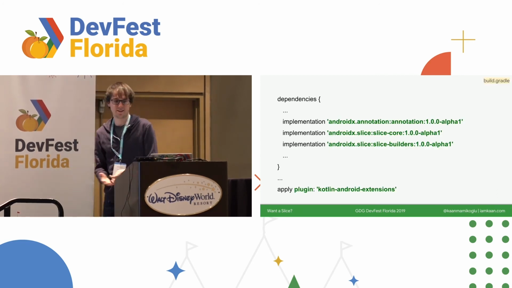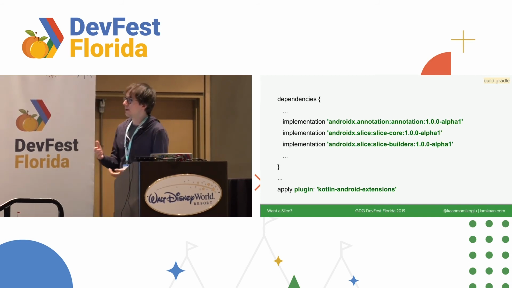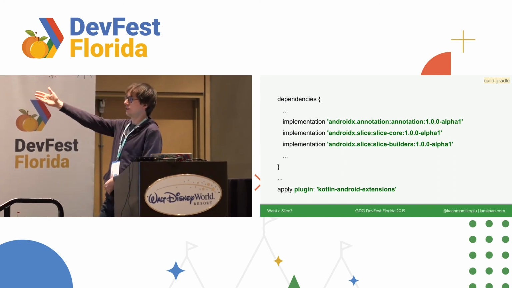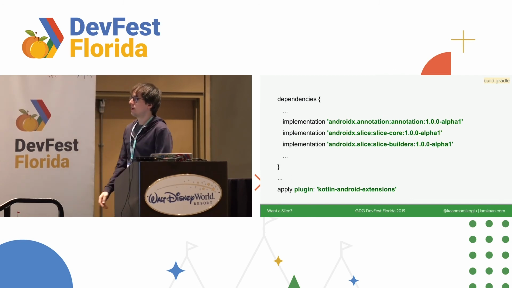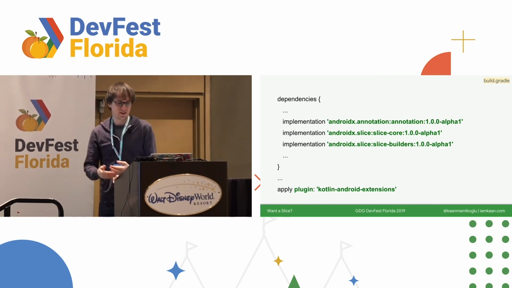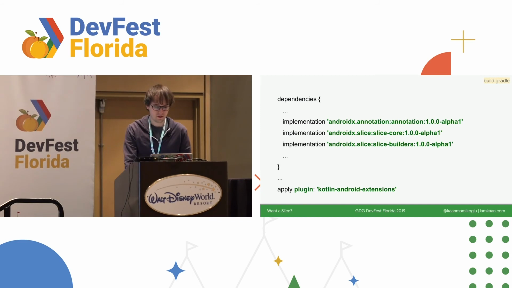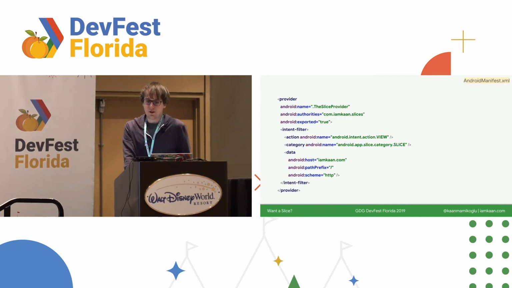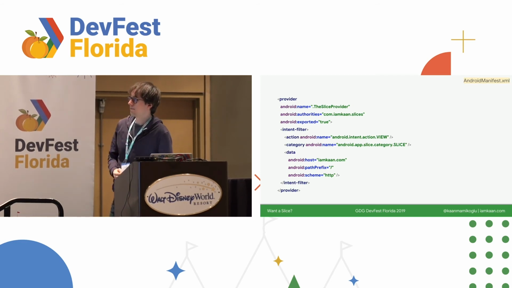it modifies your build Gradle and adds these three dependencies, which we are going to use. The main one is obviously slice core in the middle, and the last one is a builder, kind of a helper dependency. And it also adds this provider to your manifest file.